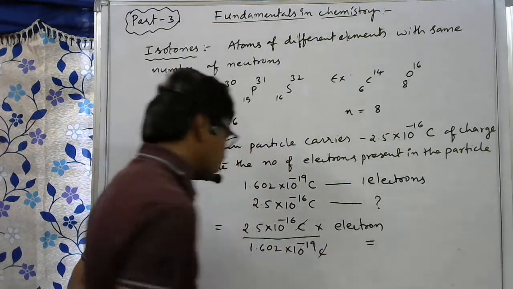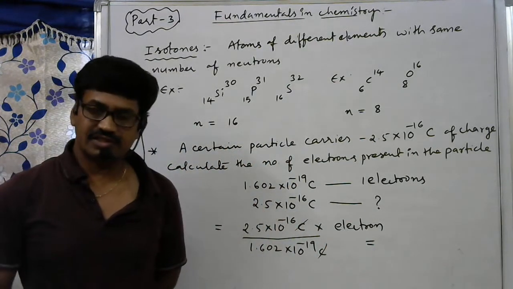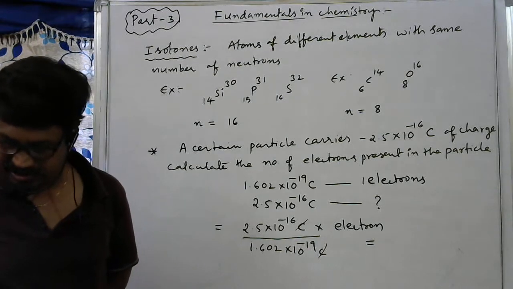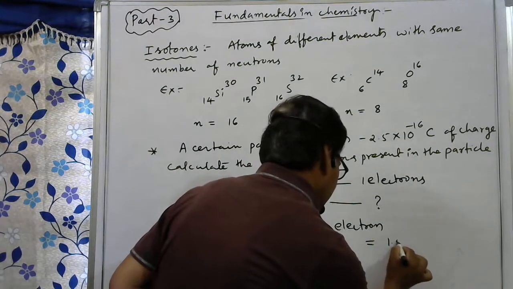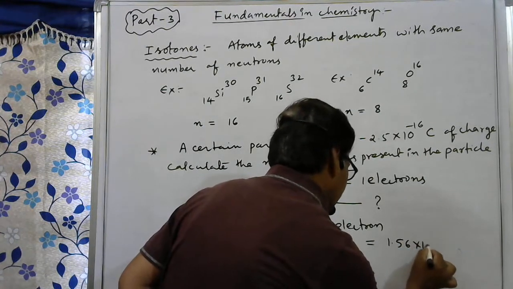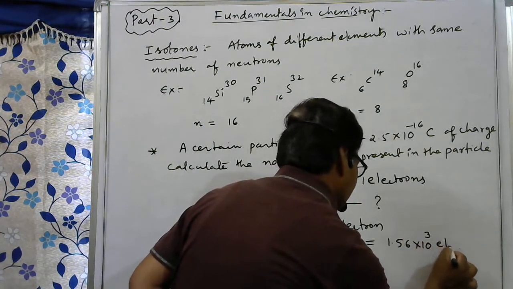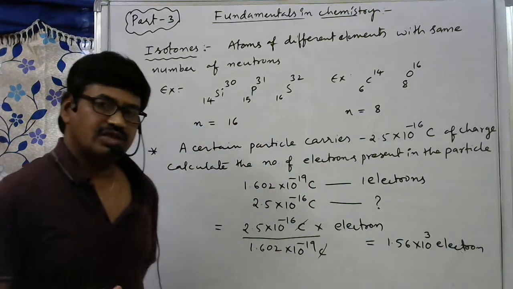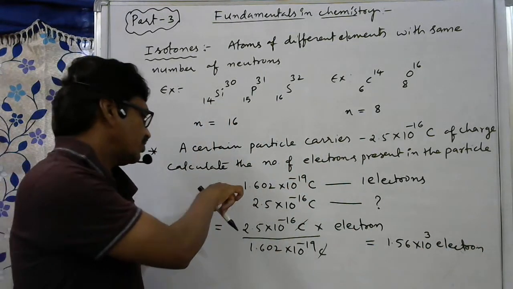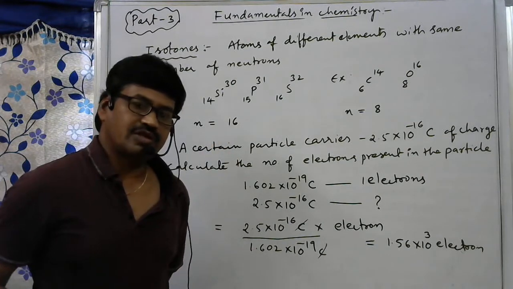So how many electrons? If you do the calculation, you will get 1.56 into 10 power 3 electrons. This is the answer. It's a very simple question. I gave this question just to revise the properties of fundamental particles.